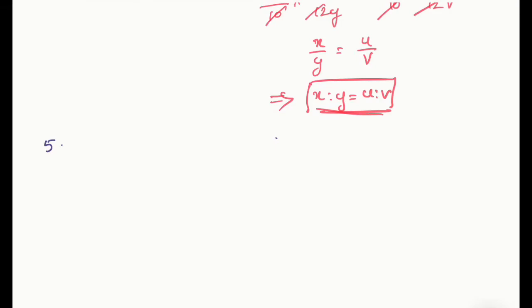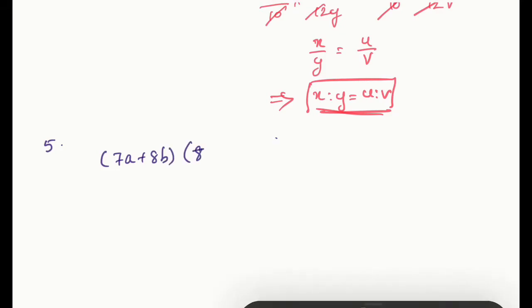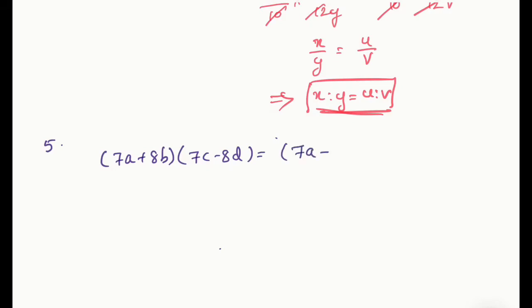Okay. So the fifth one: if (7a + 8b)(7c - 8d) = (7a - 8b)(7c + 8d).